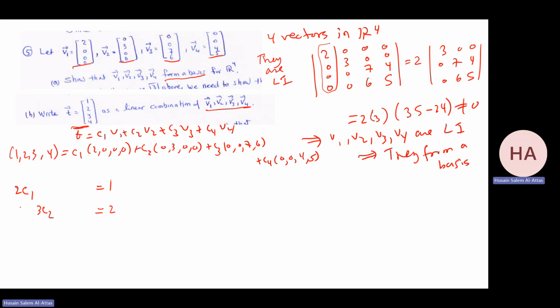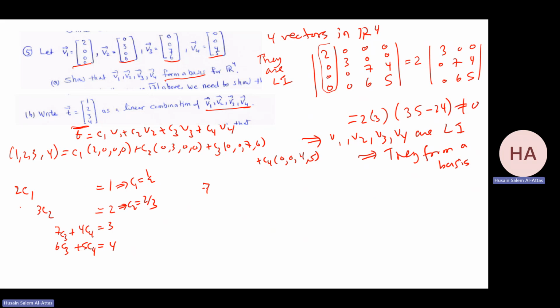Then I have 7C3 plus 4C4 equal to 3, and 6C3 plus 5C4 equal to 4. This one is very clear: C1 equals 1/2, and C2 equals 2/3.